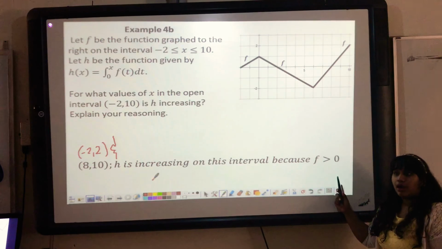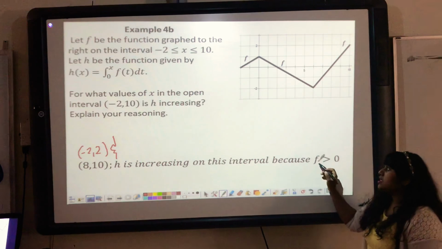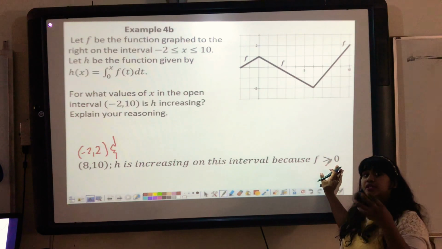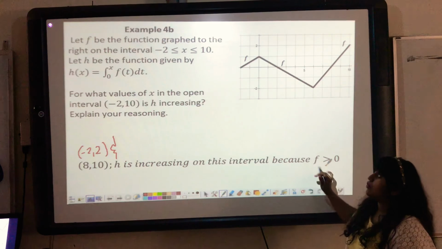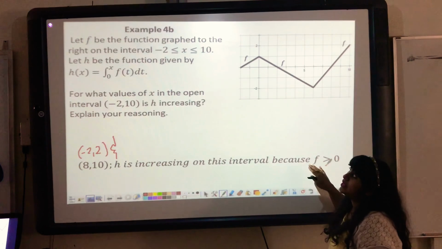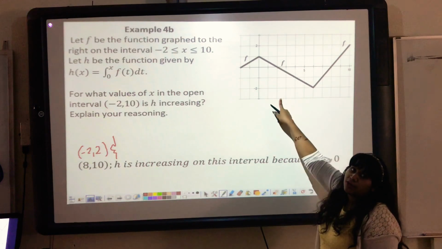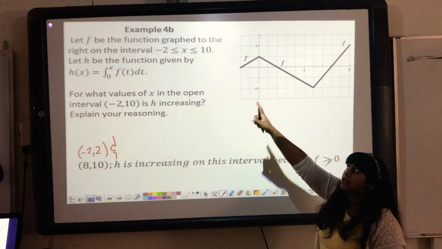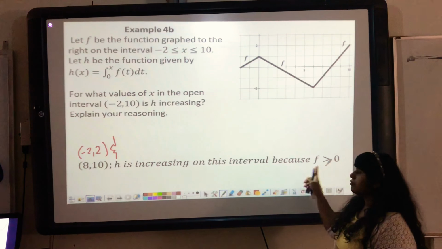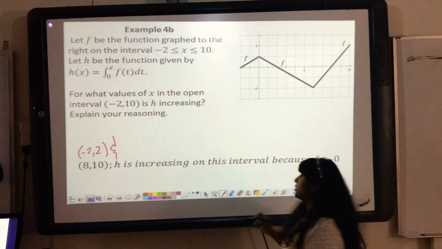If we were looking at our unit 4 or 5, where we looked at our first and second derivative test, this would have said f prime is equal to 0. But again, remember, if we are given certain graphs, we have to act that way. So we have to write our justification in terms of what we're given. We are given our graph of f prime, but they are calling it f, and they are calling the original function h. So we have to write it as f is greater than 0.